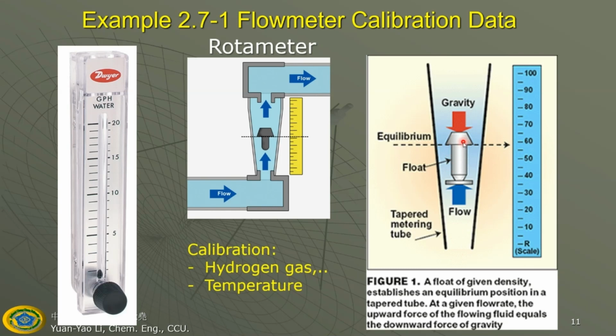Because of gravity and the force of the flow, the float will stay somewhere, depending on how strong the flow rate is, how fast the flow rate is. If the flow rate is strong, it will go up, and you get a higher reading. If the flow rate is low, you get a lower reading. Okay.